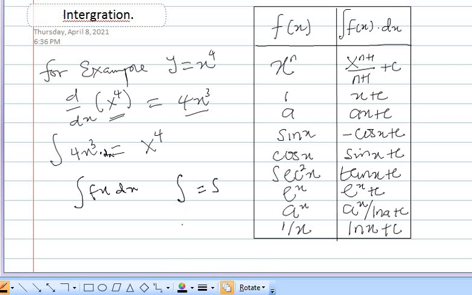The expression f of x, this y, should be the expression, like 4x. So it's the same thing as y is equal to 4x, or the function expression f of x should be equal to x power 4. This expression f of x to be integrated is called the integrand, and then the differential dx.